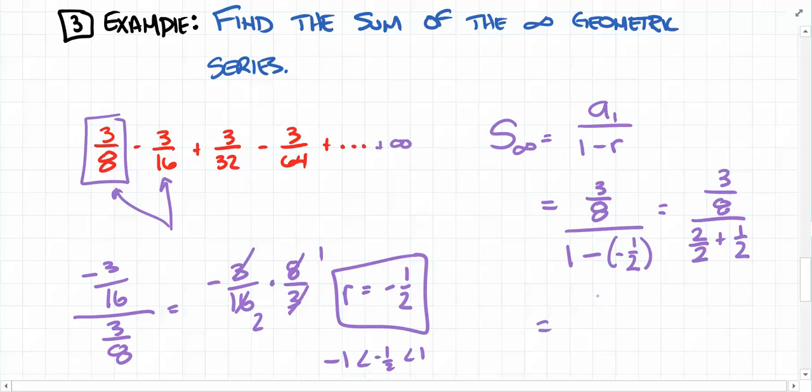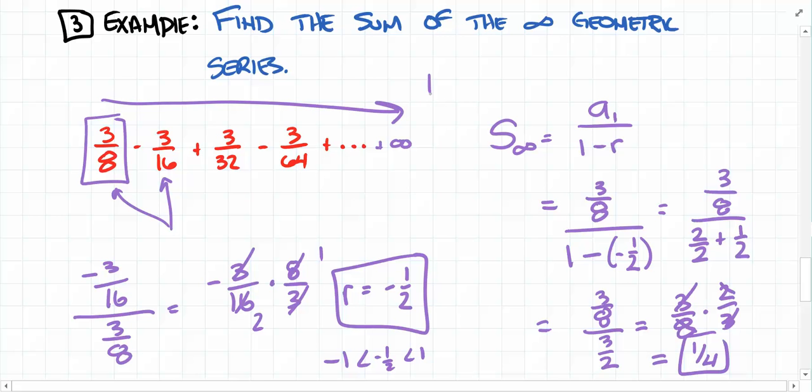So moving over here, I would get 3/8 all divided by 2 halves plus 1/2, make 3 halves. Flipping and multiplying, I would get 3/8 times 2/3. 3's cancel, and that leaves me with 2 over 8, which is the same thing as 1/4. So this entire sum, when you sum out to infinity, becomes 1/4.